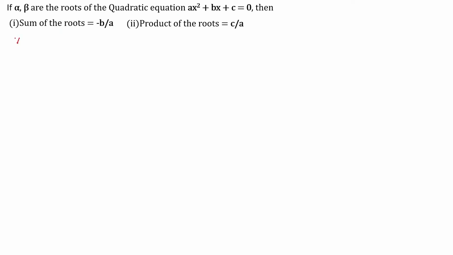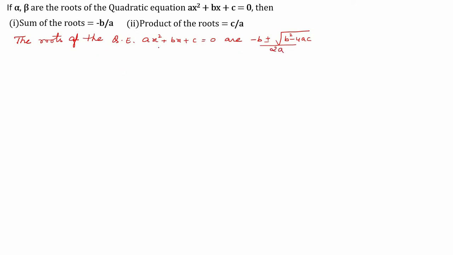In the previous video we have already seen the roots of the quadratic equation ax square plus bx plus c equals to 0 are minus b plus or minus under root of b square minus 4ac whole divided by 2a.